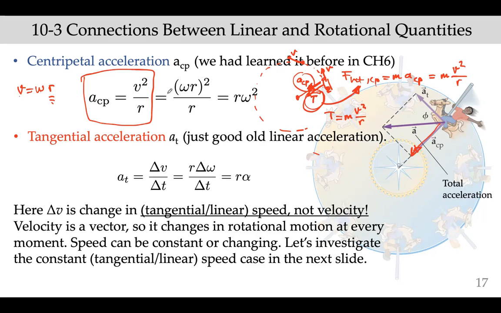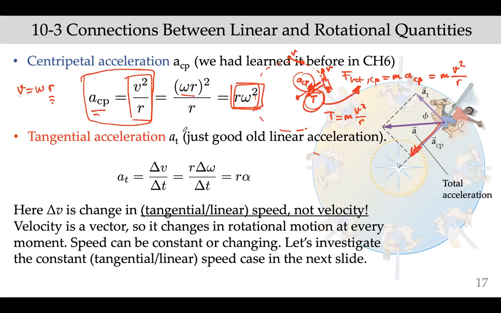So instead of v, we're going to write omega r. It's going to be squared, and there's another r here. So one of the r's cancels, and we end up with r times omega squared. So this is another way of writing centripetal acceleration. You can write it in terms of linear velocity, or if you have angular velocity, you can write it this way.